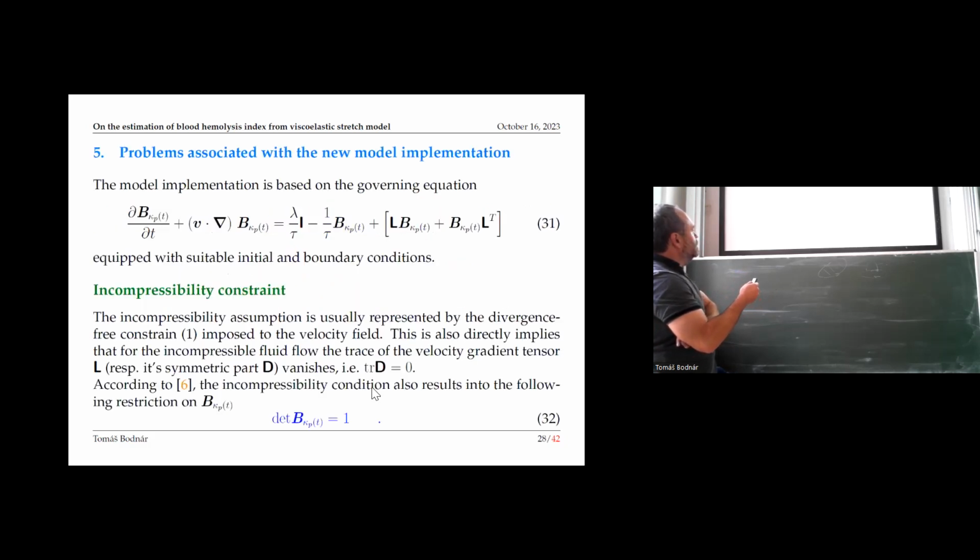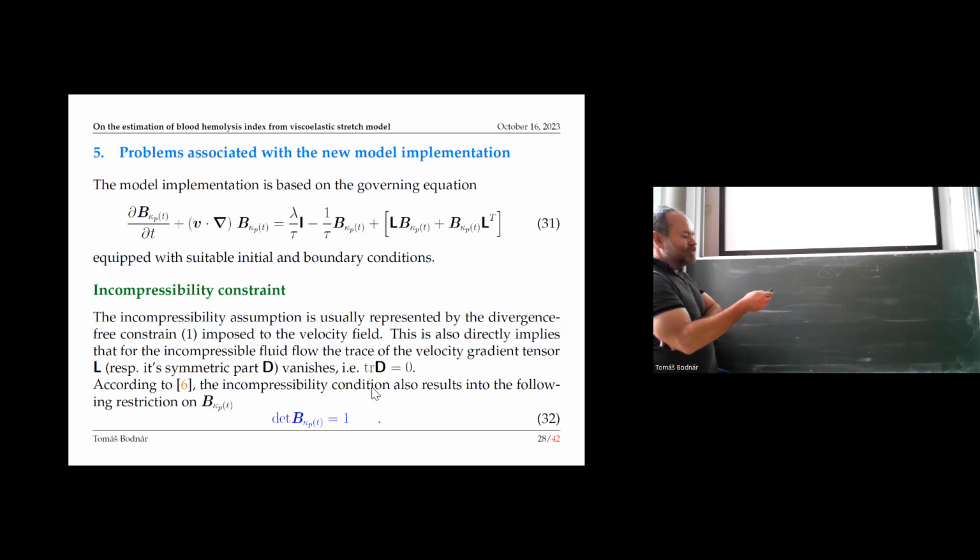But it's of course not so easy, because there is a different, let's say, physical background behind the model. So when I was trying to solve it, if you solve the stress tensor model, you can see that because of the incompressibility, the trace of the symmetric part of the velocity gradient should be equal to 0, which results in the requirement of the determinant of this stretch tensor to be equal to 1.